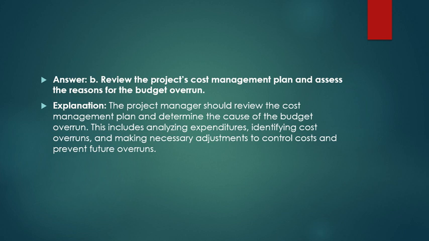Answer is review the project cost management plan and assess the reason for the budget overrun. The project manager should review the cost management plan and determine the cause of the budget overrun. This includes analyzing the expenditures, identifying cost overruns, and making necessary adjustments to control cost and prevent future overruns.